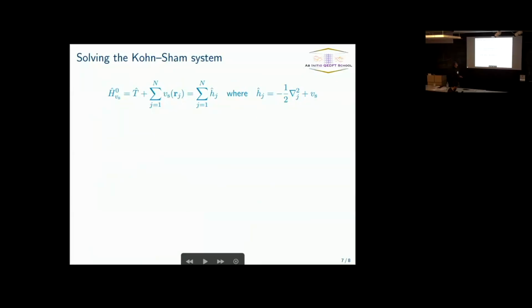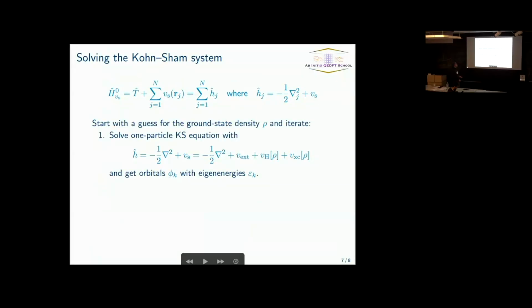Okay, so that I explained more or less already. To solve the Kohn-Sham system, just put in the Vs that we have, solve the one particle Schrödinger equation, get orbitals, enumerate them from the bottom to the top, that is in eigenenergies, and put them together. And then the density is just given as the, oh, there's a square missing, as the norm squares or the absolute value squares of the orbitals.